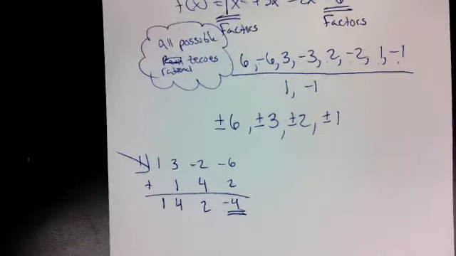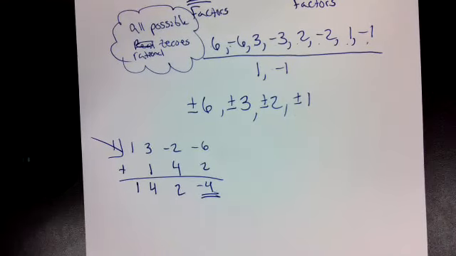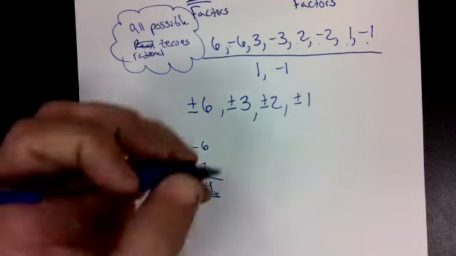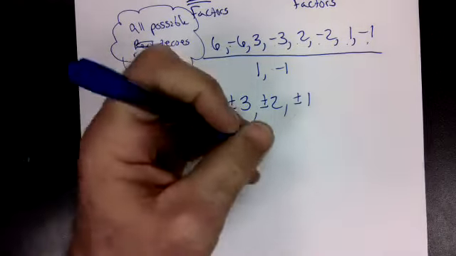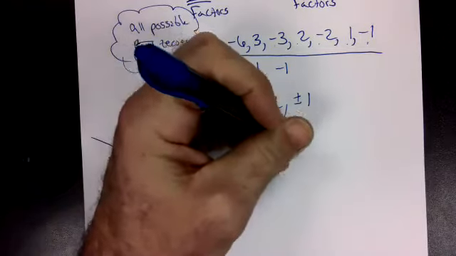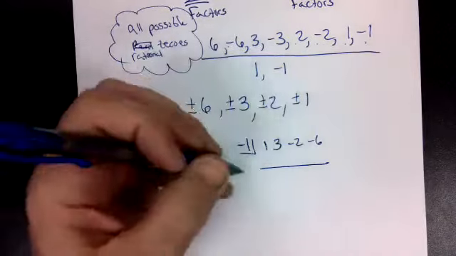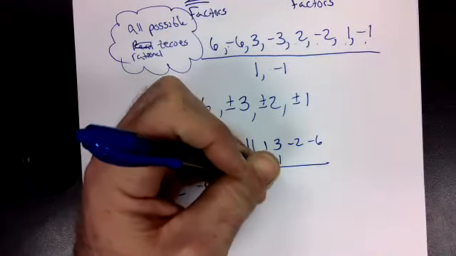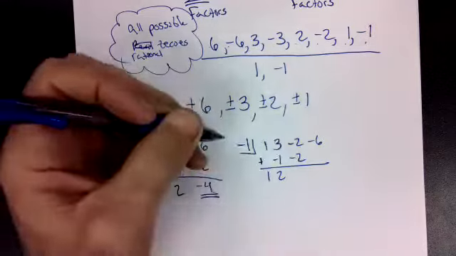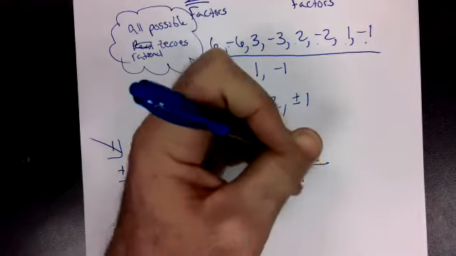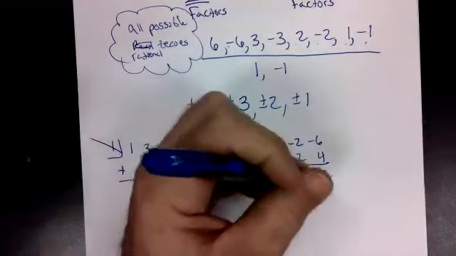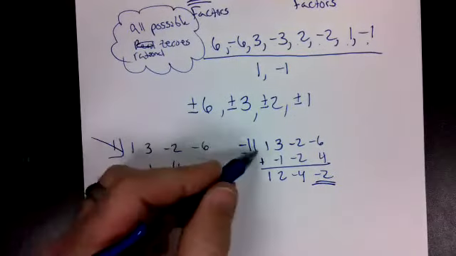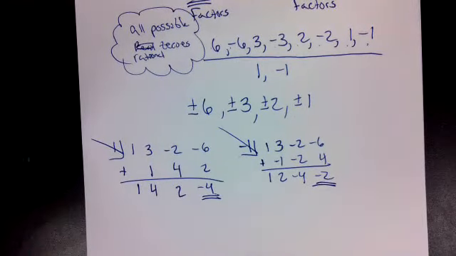And unfortunately, trial and error is kind of the best way to get through this. So I'm going to try negative 1. So again, add, multiply, add, multiply, add, multiply. Negative 1 is also not a zero.